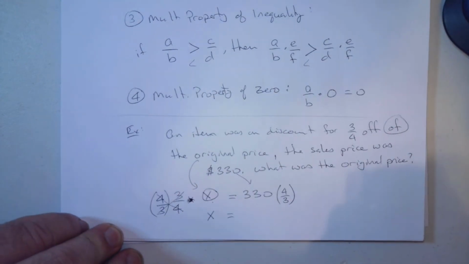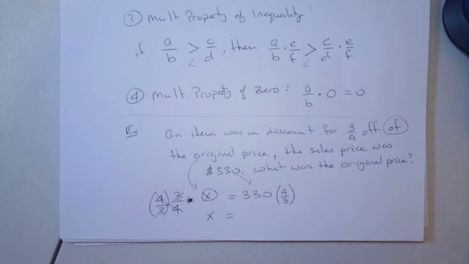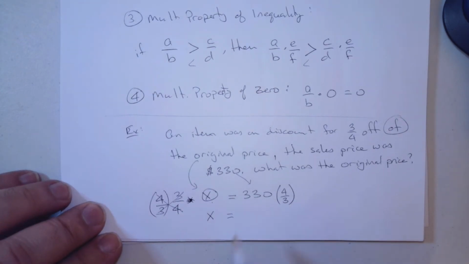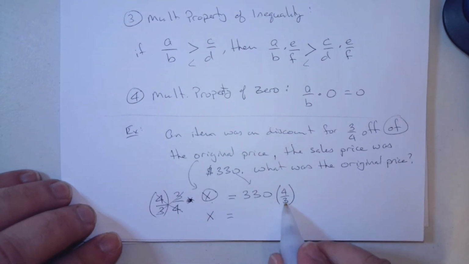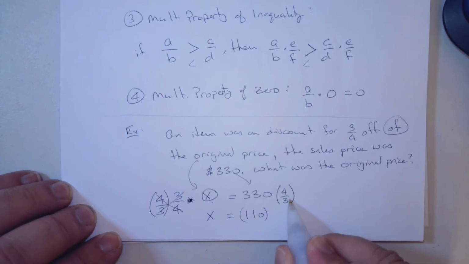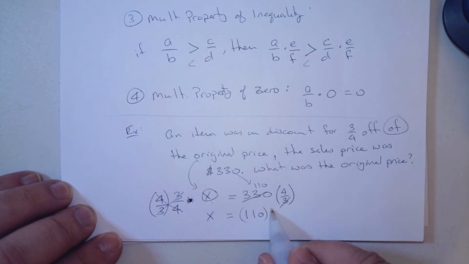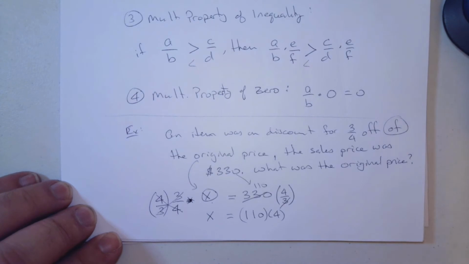Remember, get used to not multiplying fractions straight off. Reduce first. How many times does 3 go into 330? 3 goes into 3 once. 3 goes into 3 once. 0. So 3 goes in there 110 times. 110 times 4.